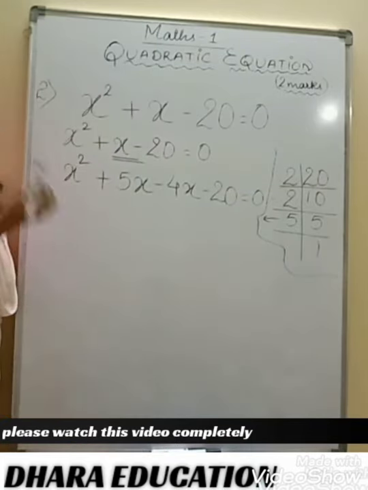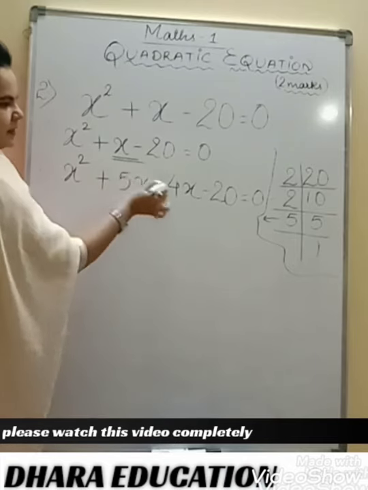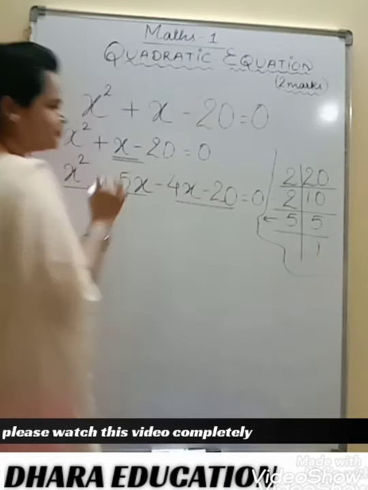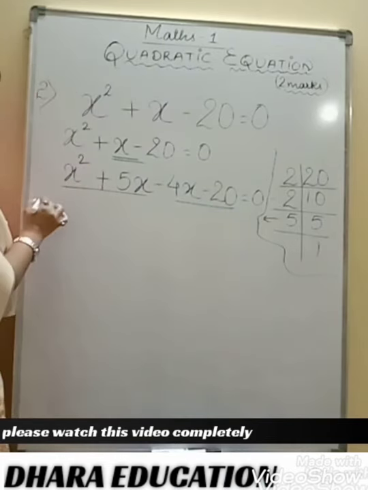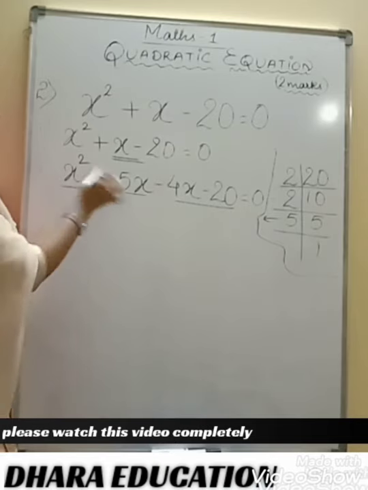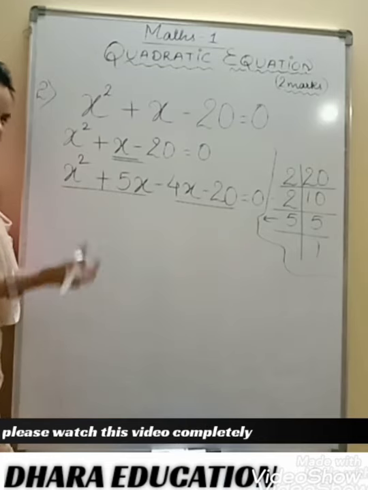Our next step: as we have split this term, now we are going to pair the terms. Please pay attention over here. The common factor of these two will be x. How?